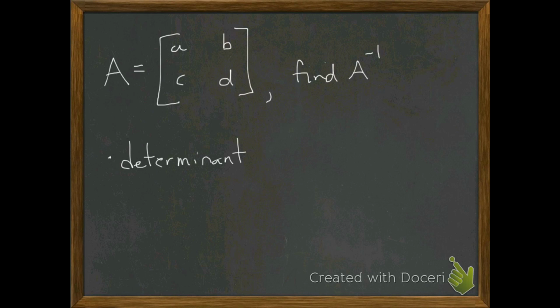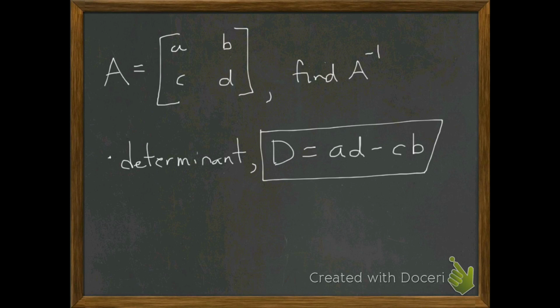I think I spelled that right? Okay. So the determinant of this matrix, and we'll let the determinant be capital D, is just AD minus CB. And I'm sure all of you know this. Okay, now an important fact.